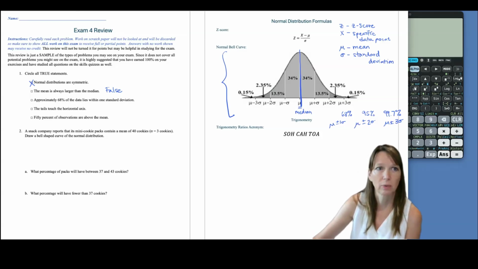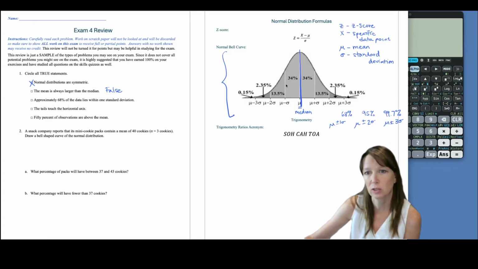So when we ask, is 68% within one standard deviation? Yes, that is true. You can also see it visually here.